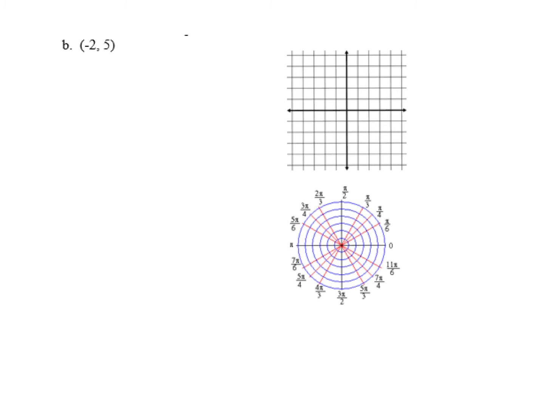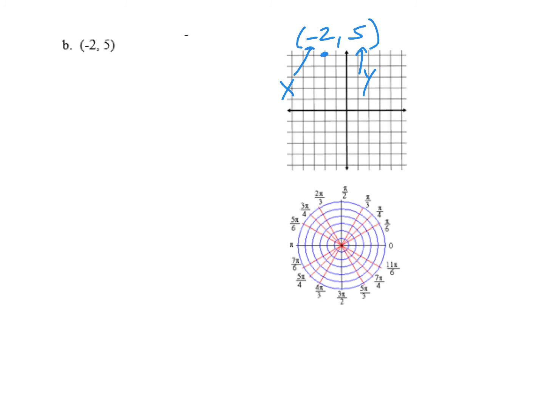All right, we'll do another one. There's the point negative 2, 5. This is another problem where we're going from rectangular to polar. So as far as the method of how we do it, it's going to be the same as the one we just did.